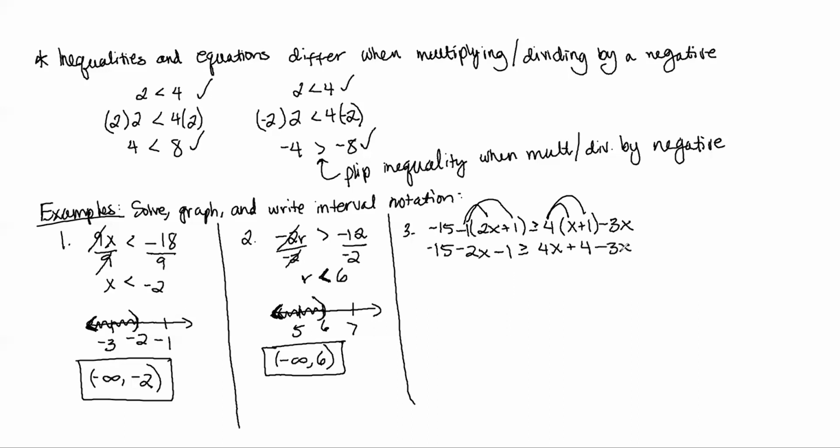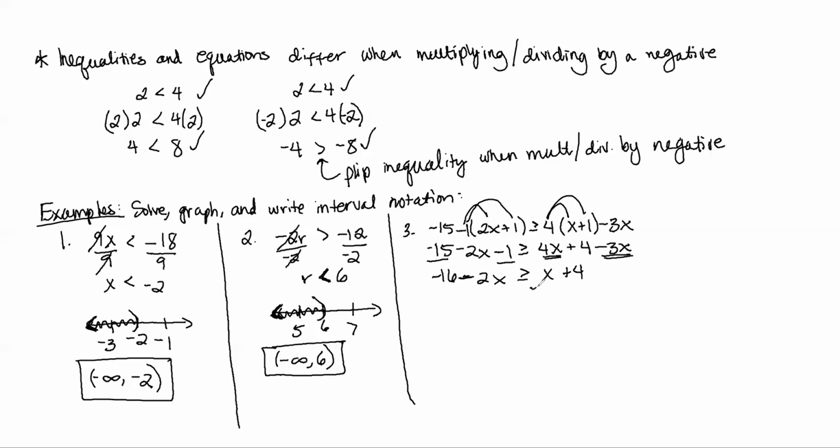Now let's combine like terms. So negative 15 minus 1 is negative 16 minus 2x is greater than or equal to 4x minus 3x is x plus 4. Everything is simplified, so let's get the variable terms on the left.